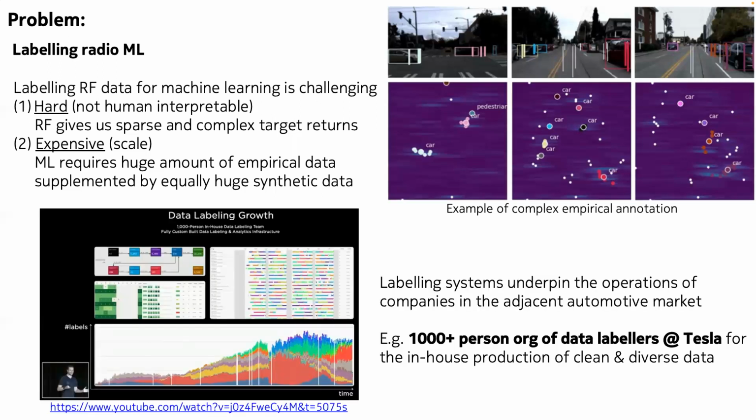And if you're a certain automotive company, you can have a 1,000 people department within your organization whose job is to only label data. Clearly, this is not ideal and does not terribly fulfill the promise of machine learning for making people more productive.